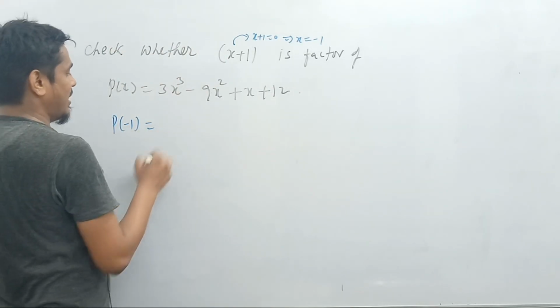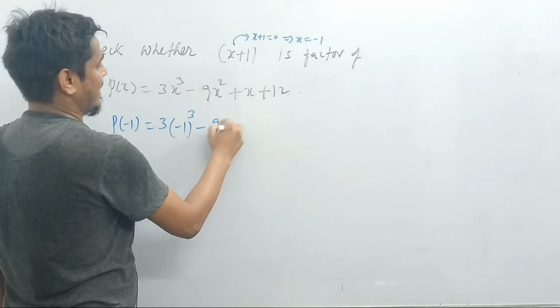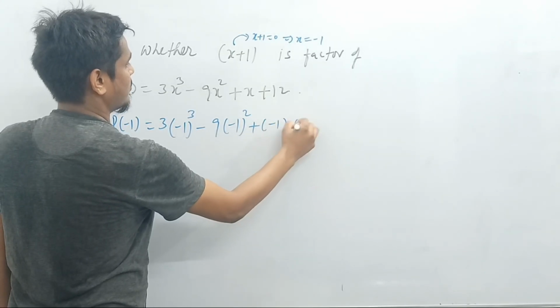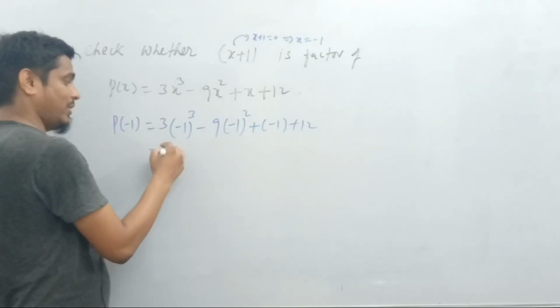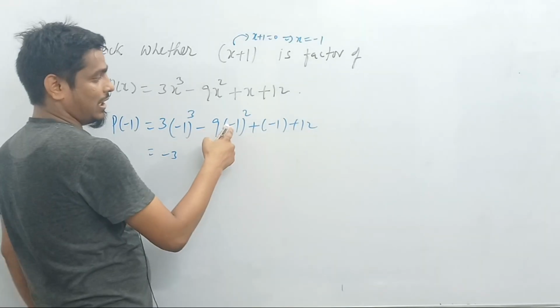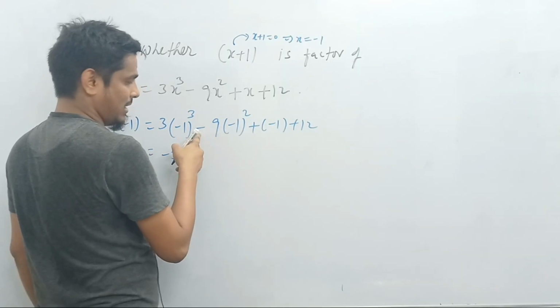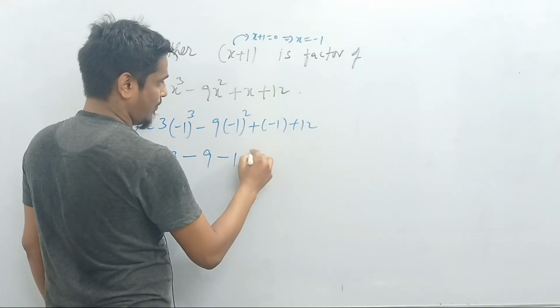When we substitute x equal to minus 1, this is 3 times minus 1 power 3, minus 9 times minus 1 power 2, plus minus 1, plus 12. So negative 1 to the power 3 is negative 1, times 3 is negative 3, and negative 1 square is positive 1, into 9 is positive 9, and this is minus, so negative 9, and plus minus is minus 1, plus 12.